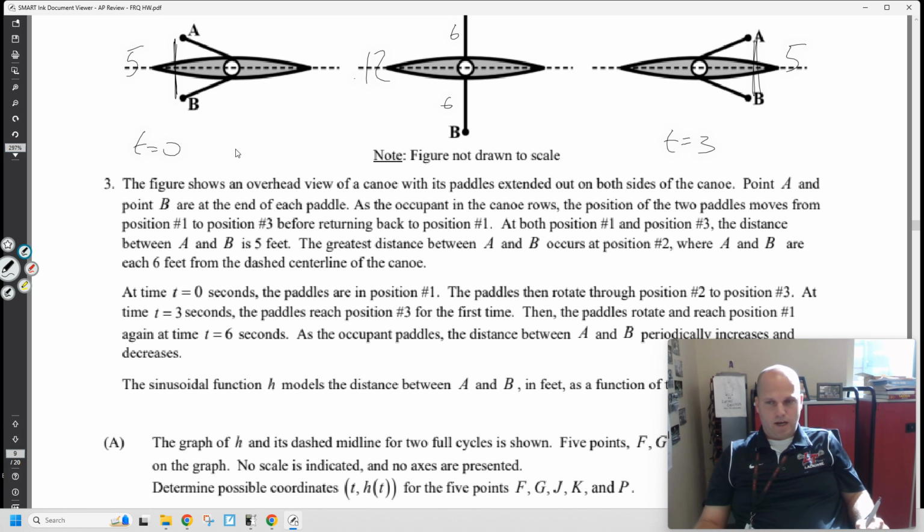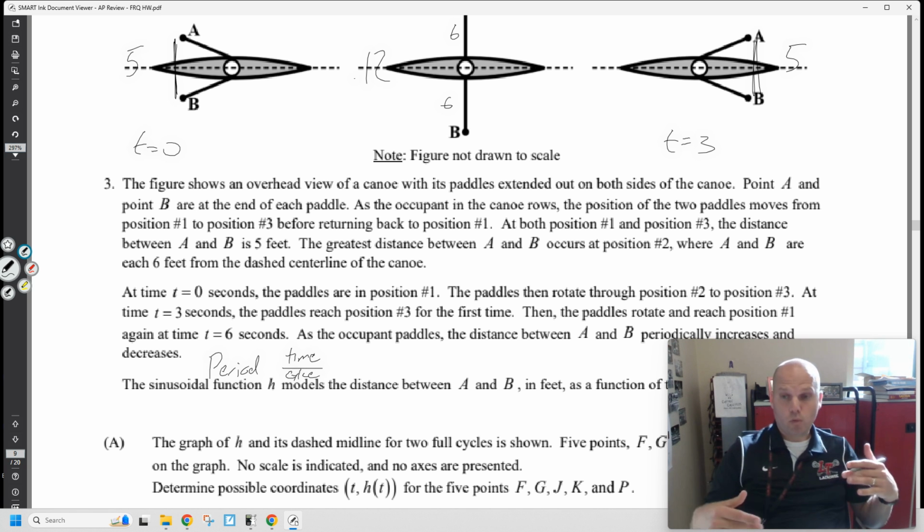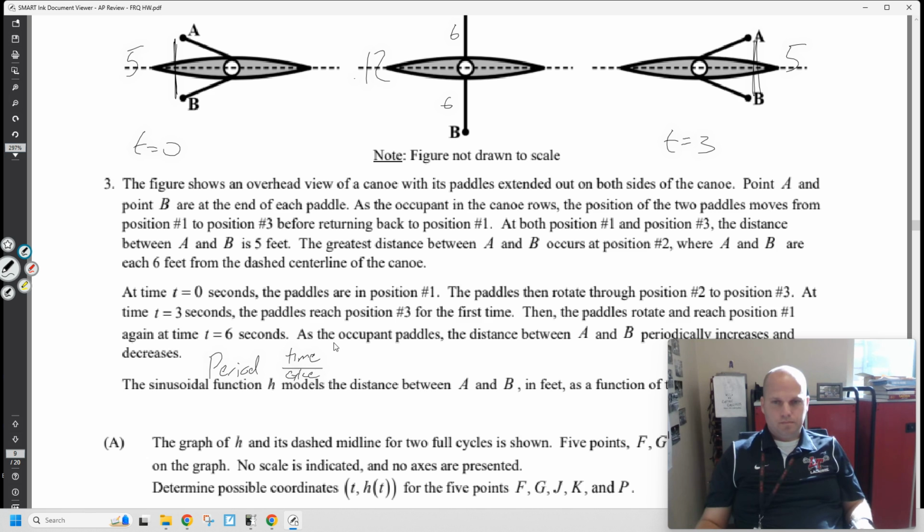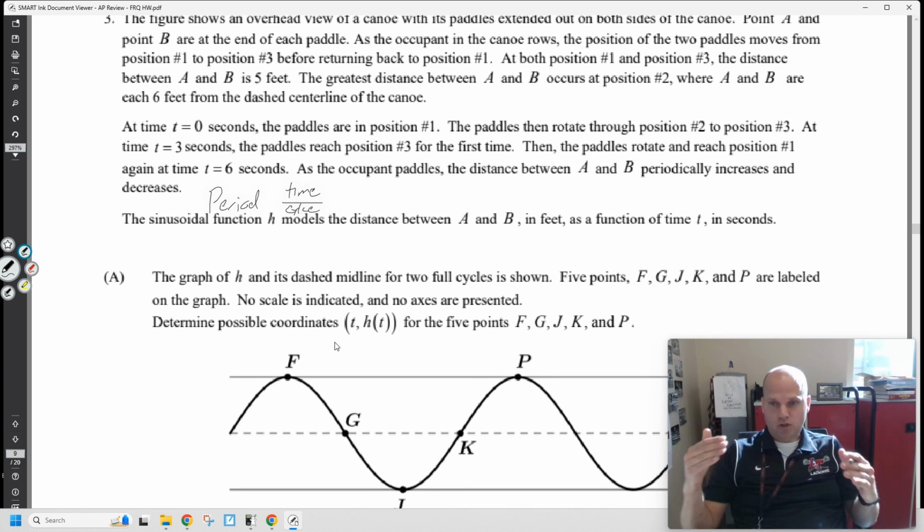So the period is 6 seconds. Let's remember really quickly, period is like the time per cycle. If it's cycle per time, that's frequency. We want time per cycle. Cycles per second, frequency.